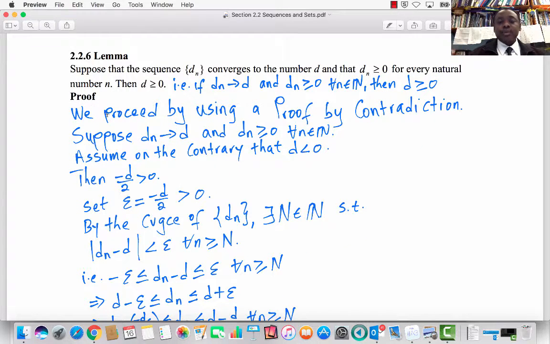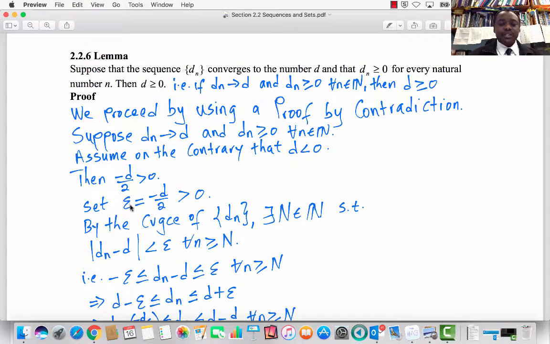Proof. We proceed by contradiction. Suppose Dn is a sequence that converges to D, and all the terms of the sequence are non-negative. Now assume on the contrary that the limit of the sequence D is a negative number. If D is negative, then negative D would be positive. So negative D divided by 2 would be positive.